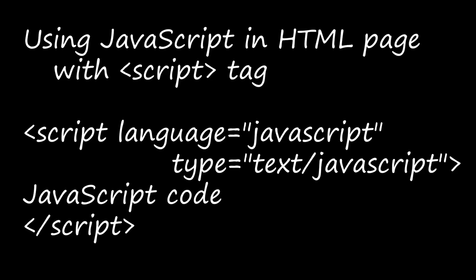Still, the correct form is to include both the language attribute and the type attribute. The type attribute is used to indicate the scripting language, and its value should be set to text slash JavaScript, right?